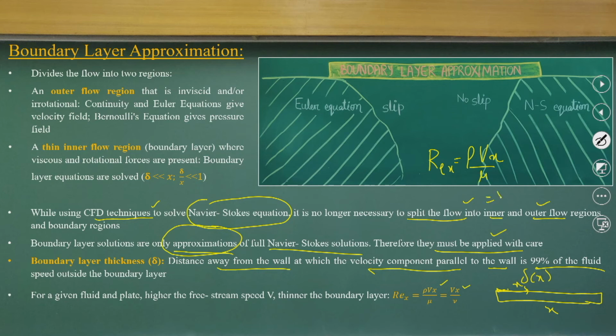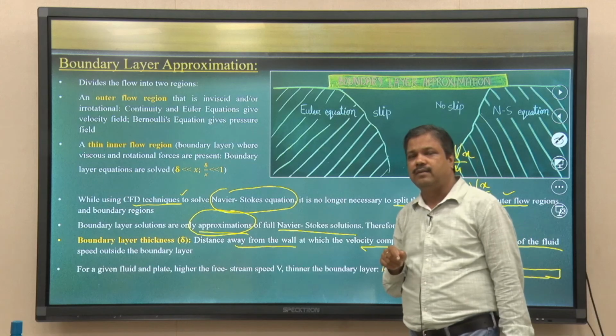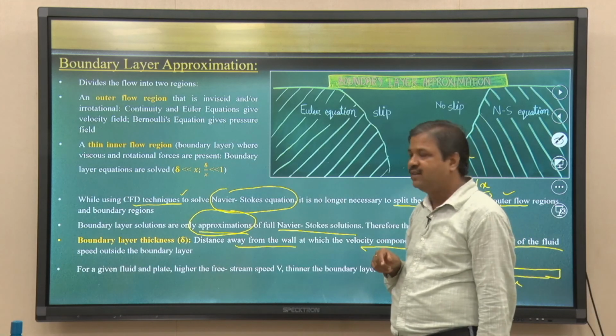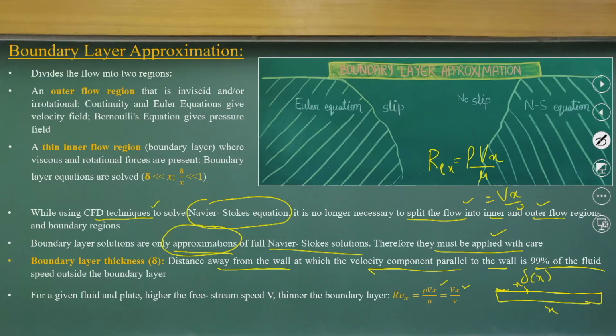As x increases, the Reynolds number increases. For a particular free stream velocity V, based on the fluid properties, the kinematic viscosity is a constant, but as x increases, the Reynolds number increases.